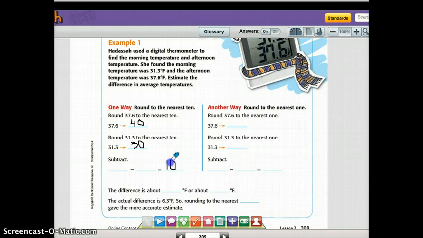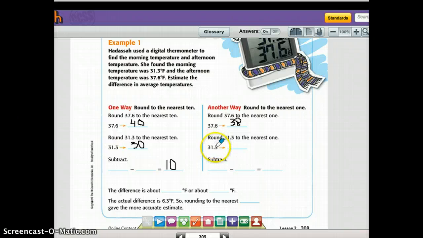Another way here is to round to the nearest ones. If I'm rounding 37 and 6/10 to the nearest one, I'll look at the tenths place because that's the place to the right. The 6 is greater than 5, so it tells me to round my 37 up to 38. And then my next one is 31 and 3/10. I'll look at the tenths again because I'm trying to round to the ones place.